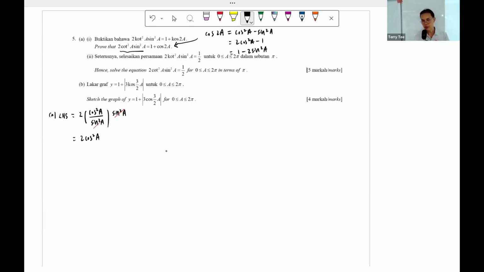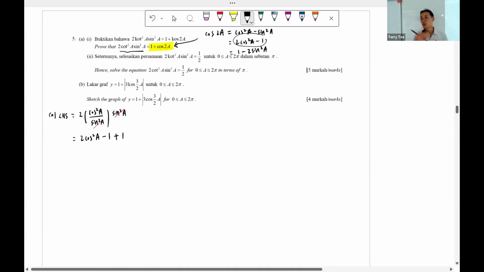So which version do I use? Version number 2. Why? Because there's a 2 cos squared A here. See that? I need to use version number 2. But then you notice there's a 1 in front of your cos 2A. So you kind of have to first minus 1 and then plus 1. You create a minus 1 because I want to use this formula.